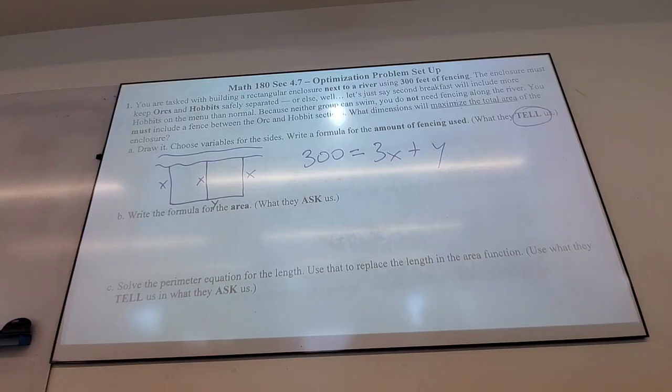To be really good at math, you have to know how to break things up. So let me focus on what they tell me. Nothing else matters. 300, I know that. What is it? Fencing, it's kind of like perimeter. So you can focus totally on what they tell me and set up a formula, yes?